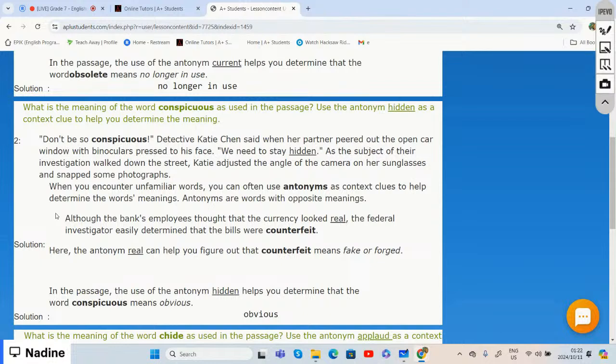All right. So if we look specifically at this text again, the word hidden: we need to stay hidden, especially if they're a person with an investigation and they see the subject. They need to stay hidden.